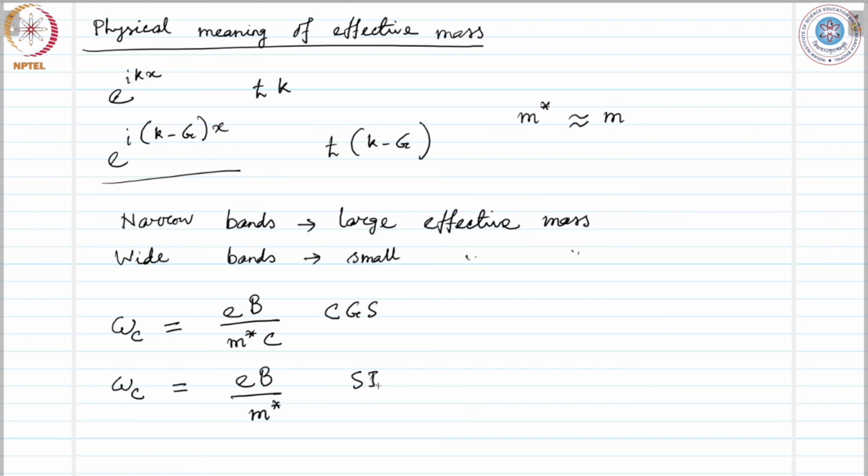We are applying a static magnetic field and making the electrons or holes, that is the carriers, move about that magnetic field. M star is the appropriate cyclotron effective mass, and if we reach the resonance by applying a radio frequency electric field perpendicular to the static magnetic field, then we will make the electrons move along the circle. Then from the magnetic field and the resonance frequency, we can find out the effective mass of the system.